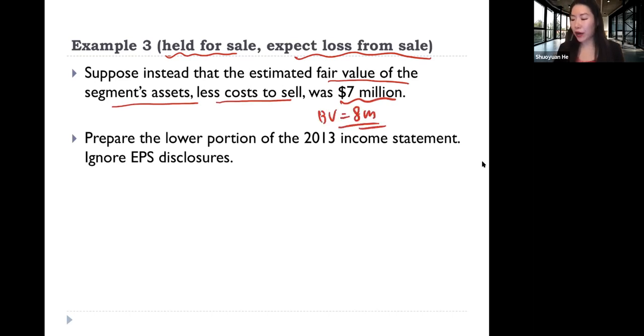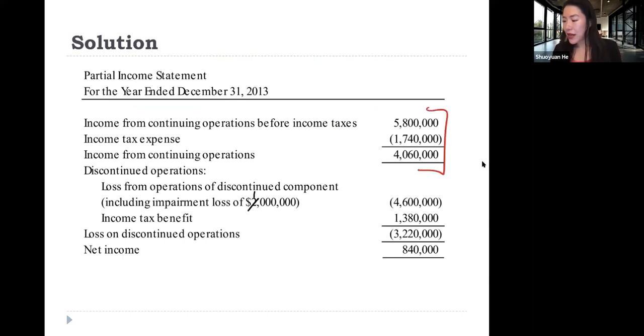So what do we do now? The first portion is the same as before, and then the second portion, from operation, we still have negative 3.6 million loss, and then impairment.